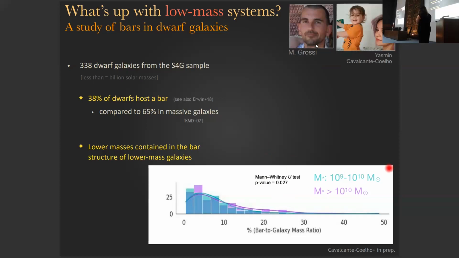Here we distinguish galaxies with low masses, between 10 to the 9 and 10 to the 10, because we do not have so many galaxies, especially bars, at masses lower than that. What we're showing in blue, and in purple you have more massive galaxies. The idea is that you have a more pronounced tail in this region for more massive galaxies.